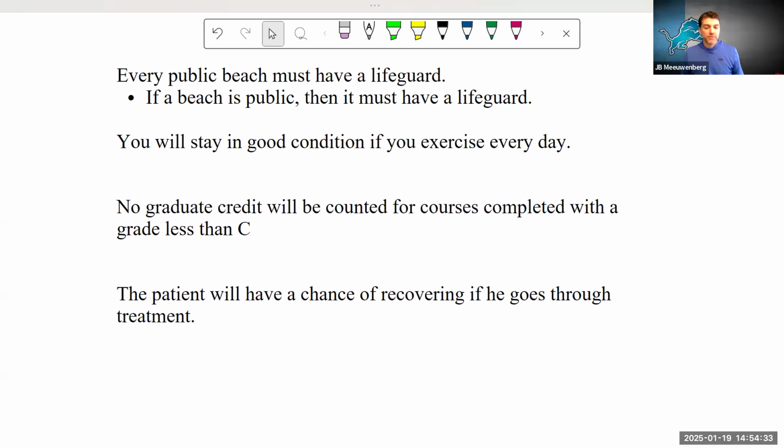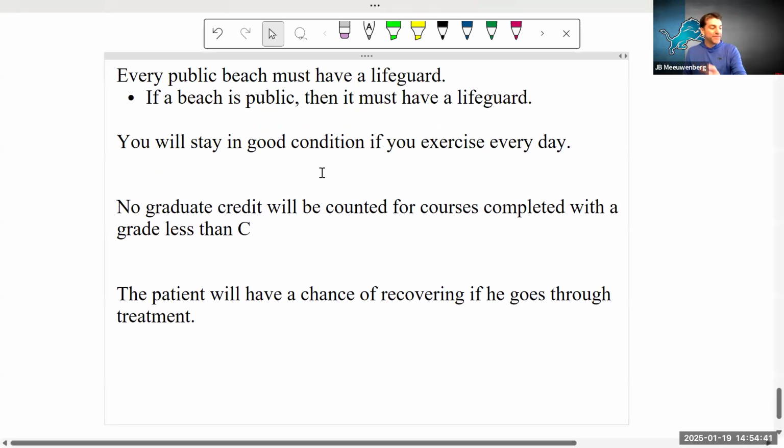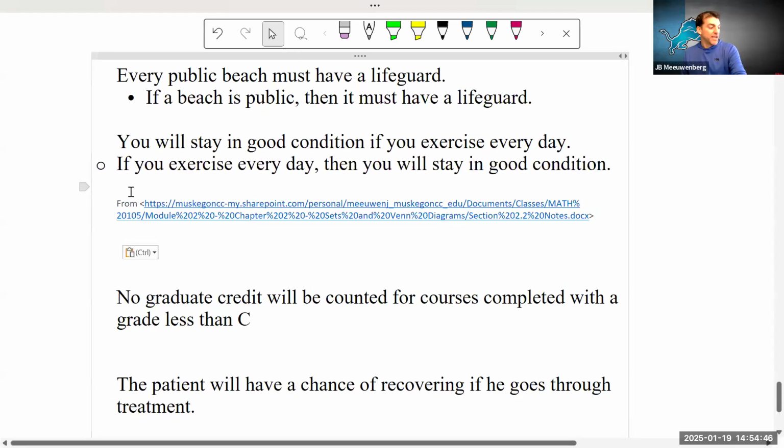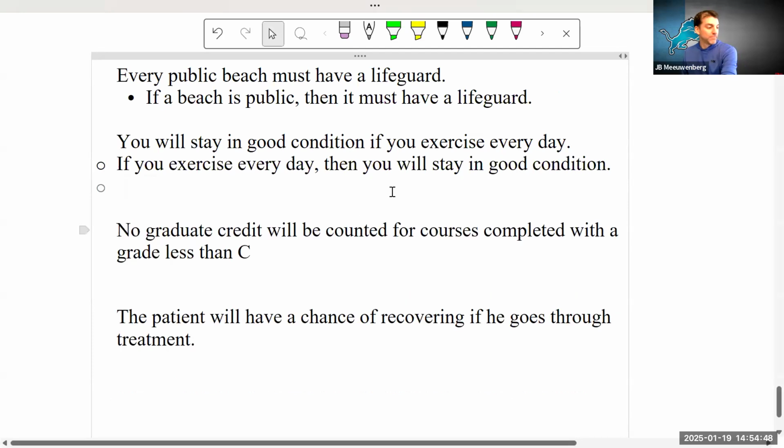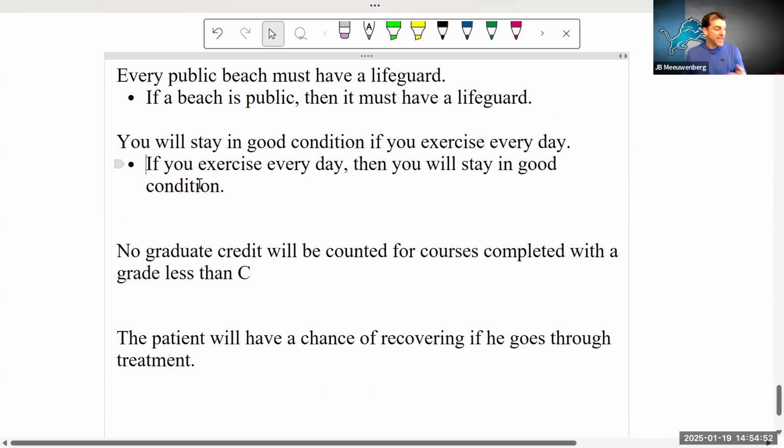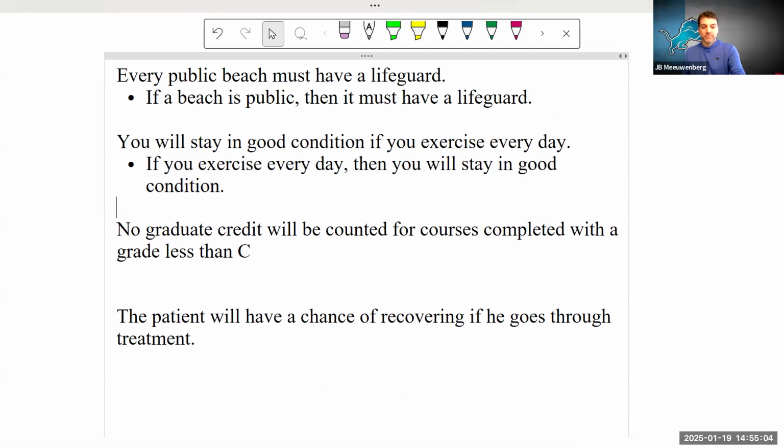So what did you come up with for the first one? You will stay in good condition if you exercise every day. So this one had the word if sort of built into it. And so maybe you wrote something like, if you exercise every day, then you will stay in good condition. Here's the hypothesis, you exercise every day, then you will stay in good condition. Okay. What did you give for the next one?